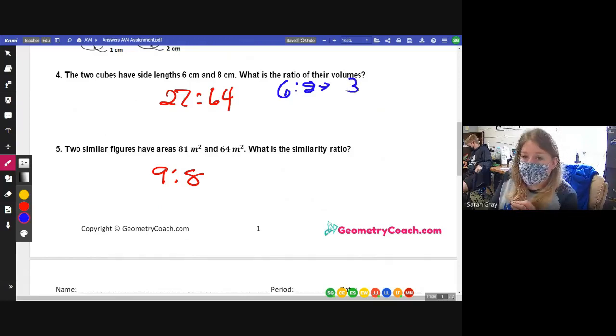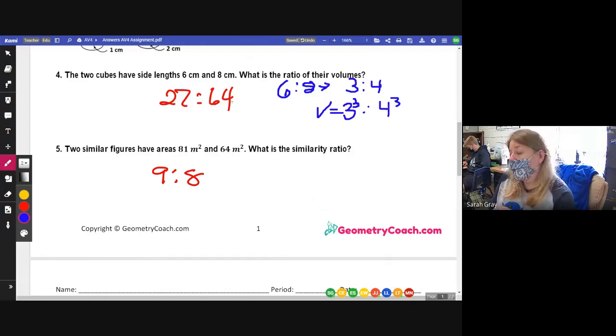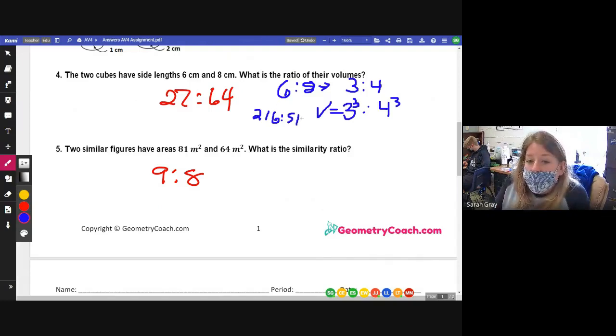I used 3 to 4 as my side ratio, and when I cubed that to get my volume ratio, not squared, cubed, I got 27 to 64. If you just forgot to simplify, you would have 216 to 512, which is 100% correct. It's just not in simplest form.